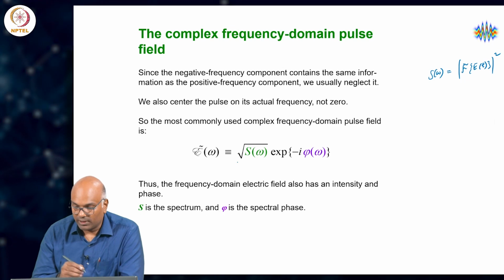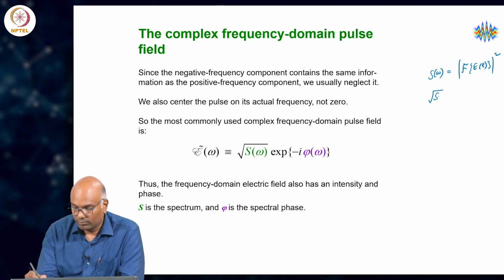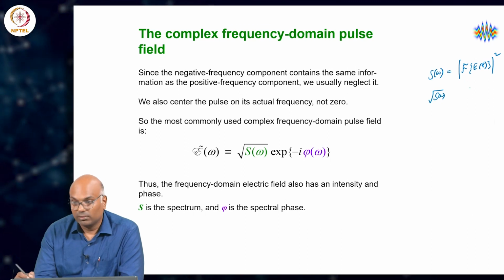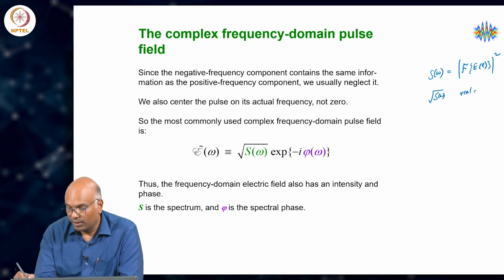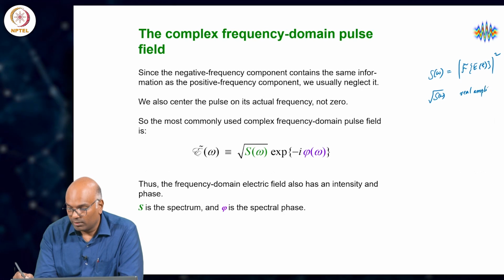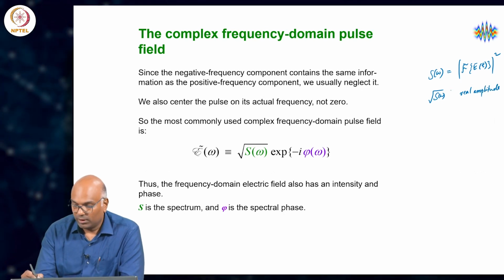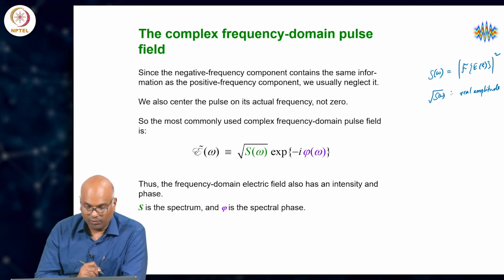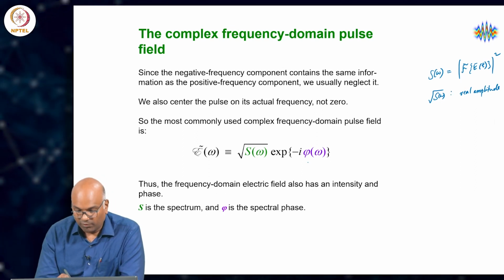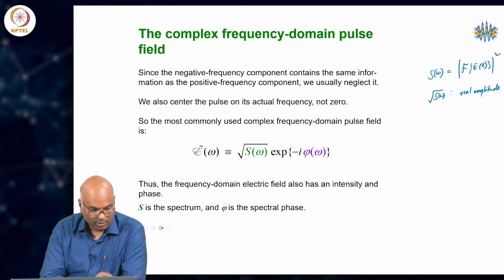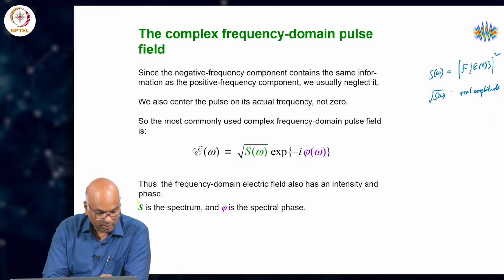Take the square root of this S. This is, again, the real equivalent of the real amplitude in the frequency domain, if you wish, that is S of omega, and phi of omega. Phi of omega is the all important spectral phase, right?